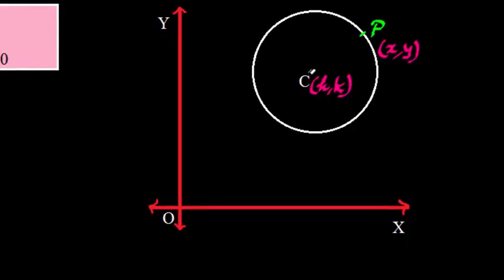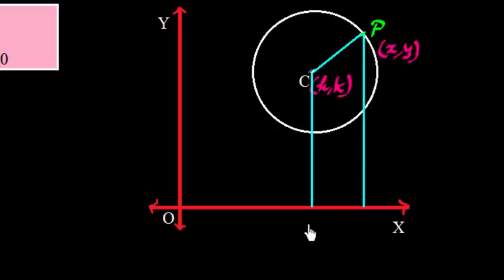Now what we do, I join CP, which is our radius. Now I draw one perpendicular on the x-axis from P, and another perpendicular from C on the x-axis, and give some names.